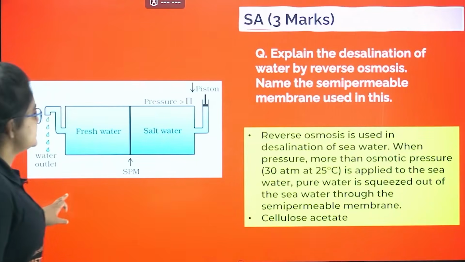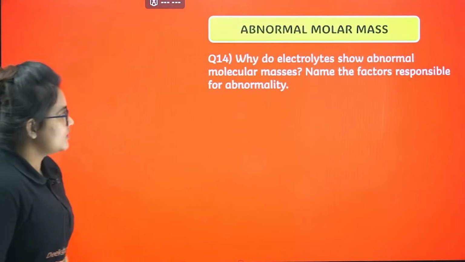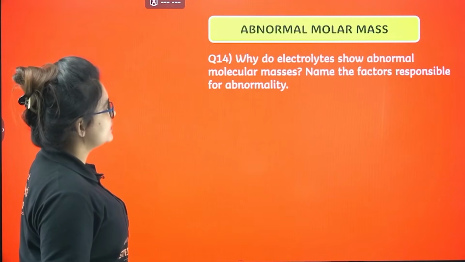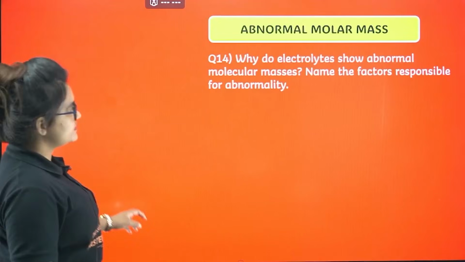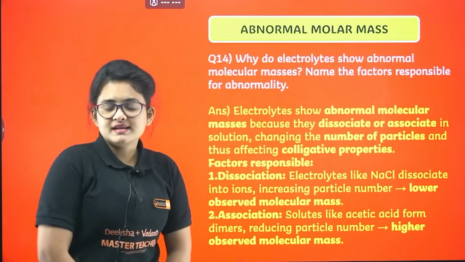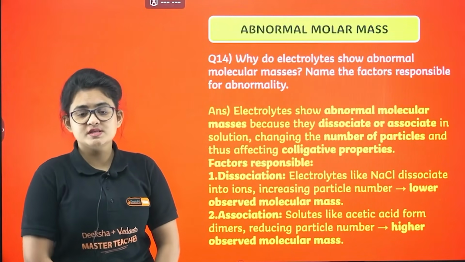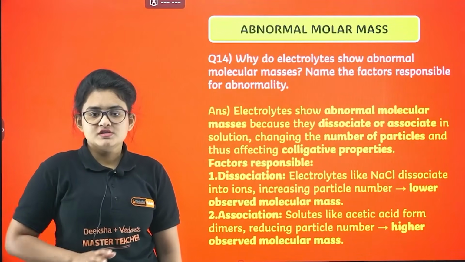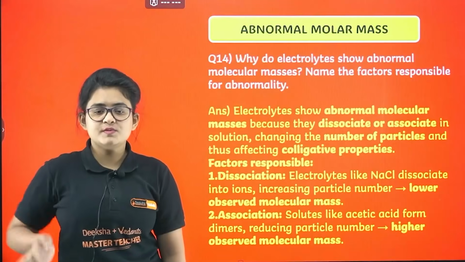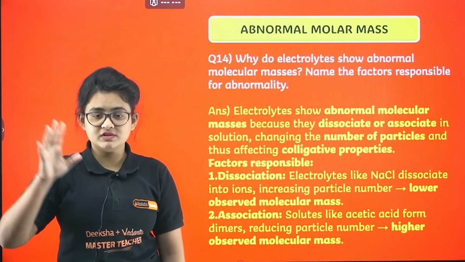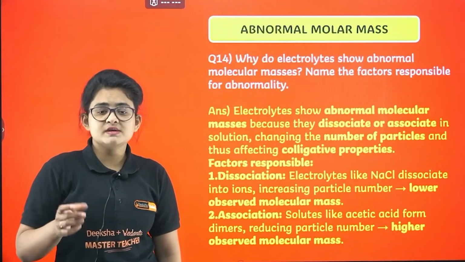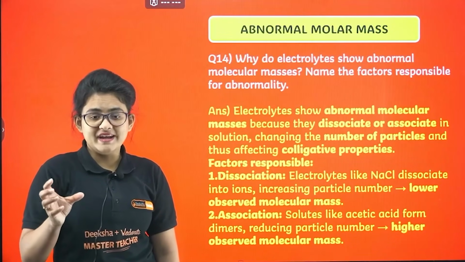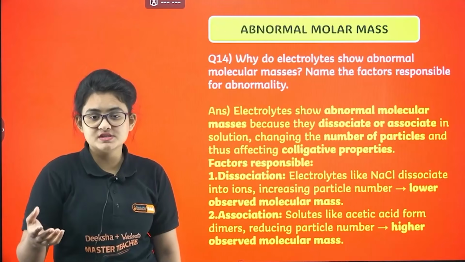Okay, let's proceed. Abnormal molecular mass. Why do electrolytes show abnormal molecular masses? Name the factors responsible for the abnormality. So basically they show abnormal molecular masses because of two things: association or dissociation. First let me discuss association. Sometimes, because of intermolecular hydrogen bonding, two molecules get attached, let's say dimerization of benzoic acid.